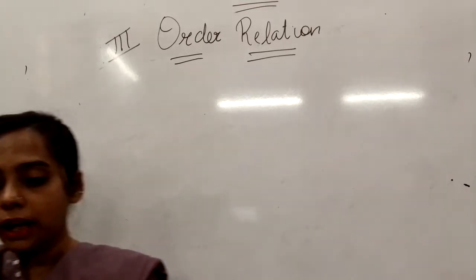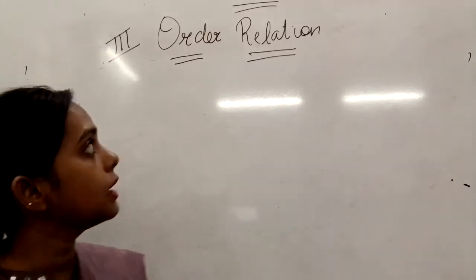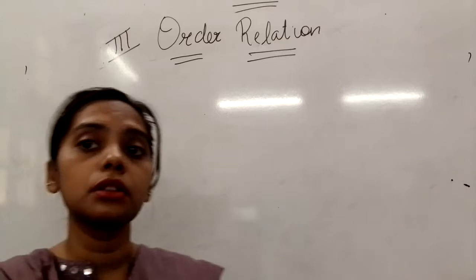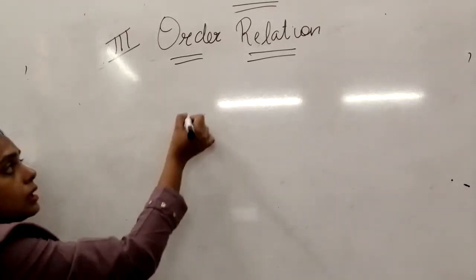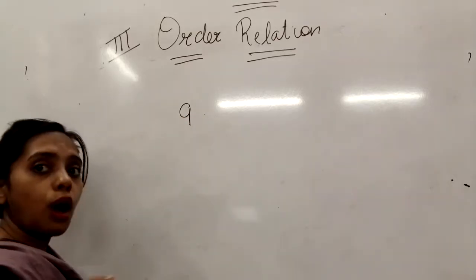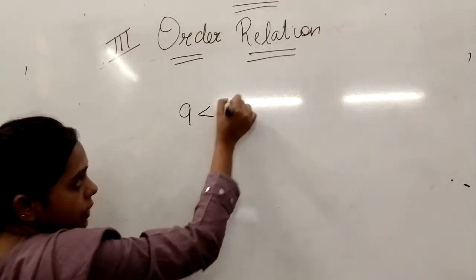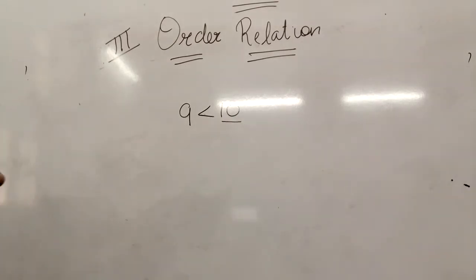Now you have learned in your previous class, what you have learned in your previous class, that the 2-digit number is always greater than the 1-digit number. For an example, 9 will always be smaller than 10. Okay? Why? Because this is a 2-digit number and this is a 1-digit number.